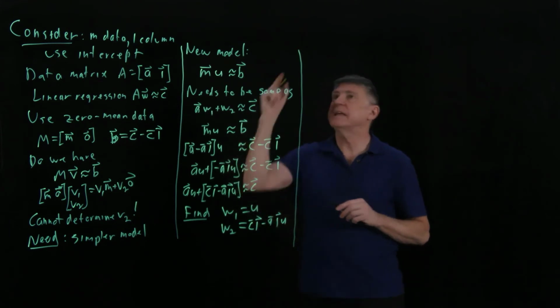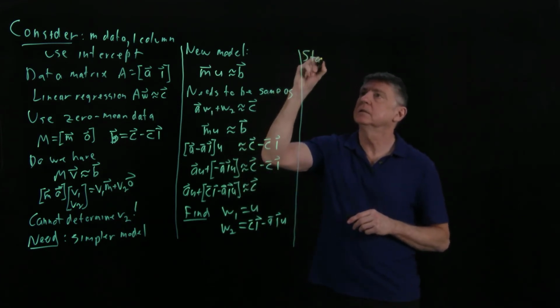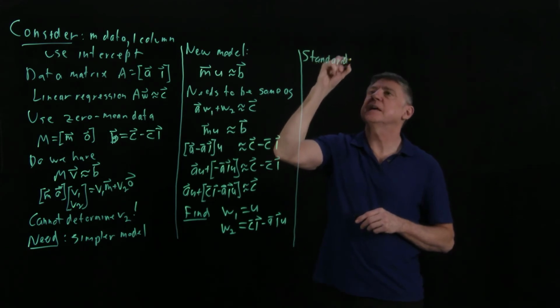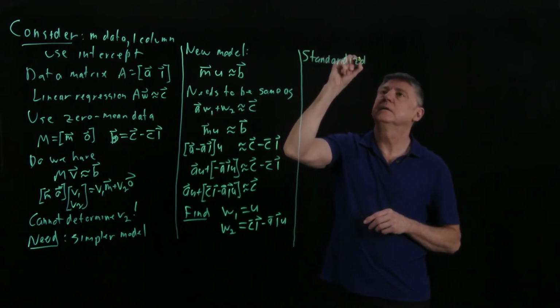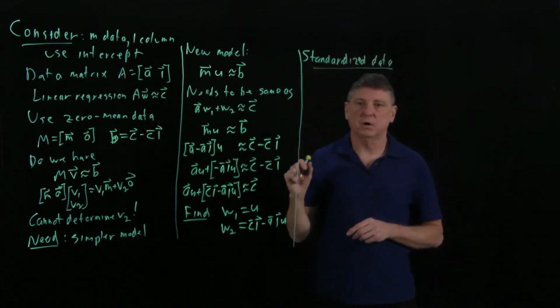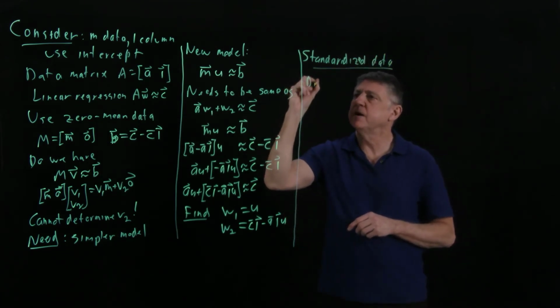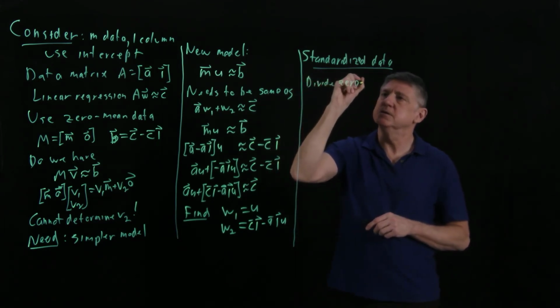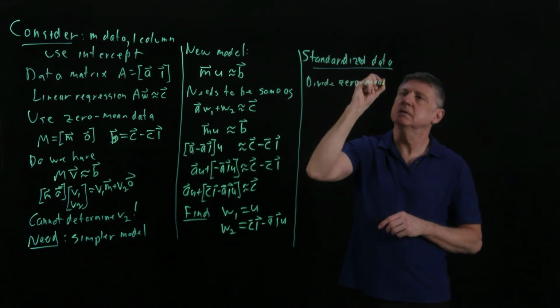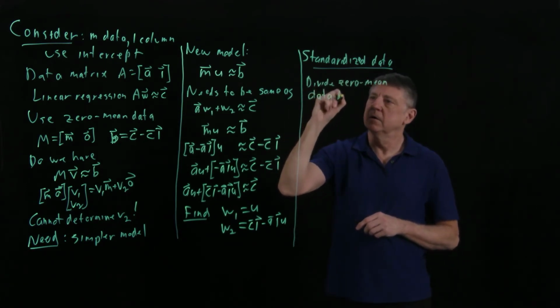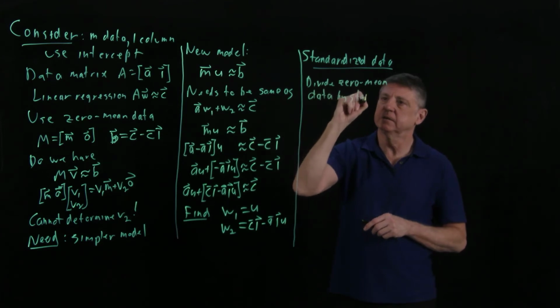Now, what about standardization? Standardized data. Well, we divide the zero mean data by the standard deviation.